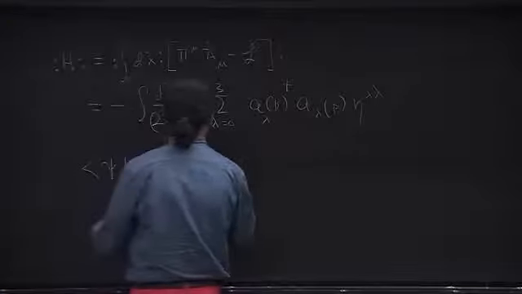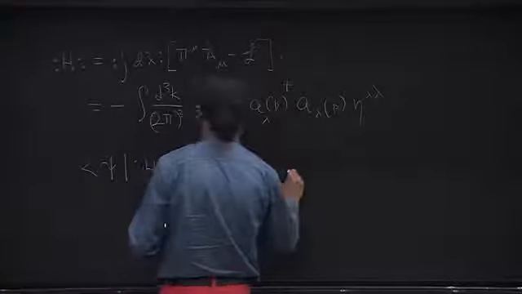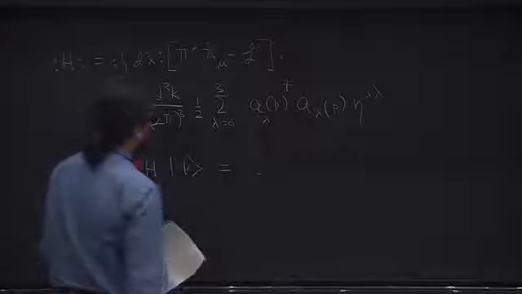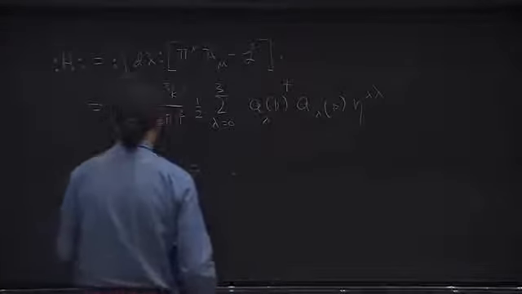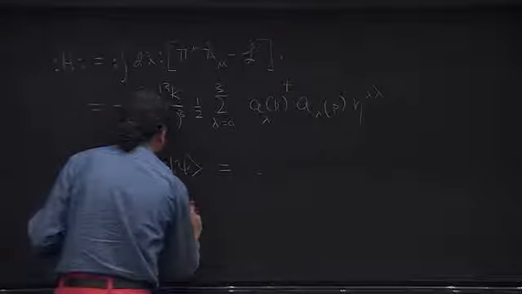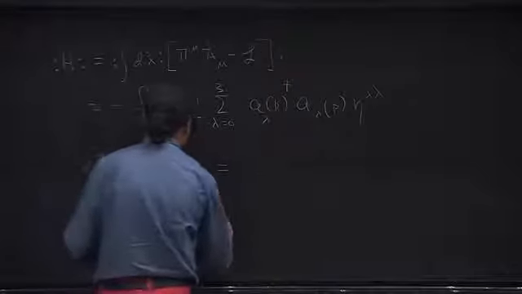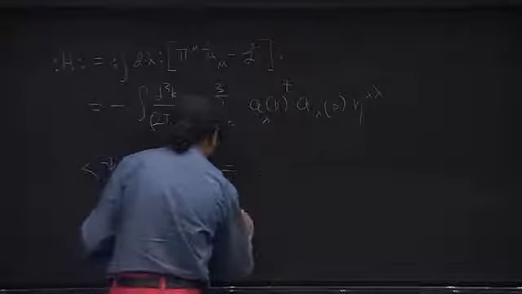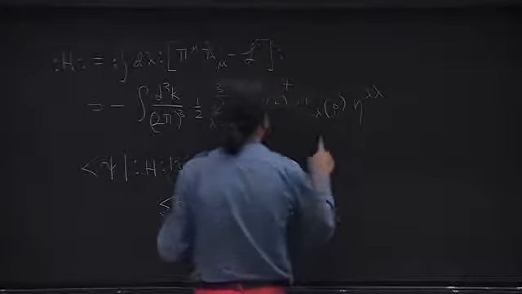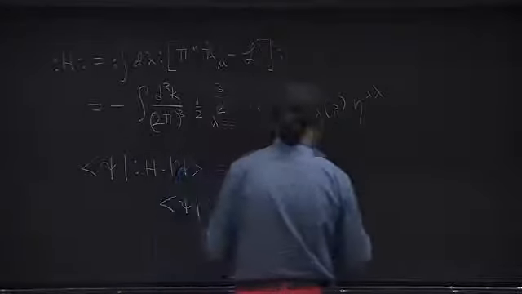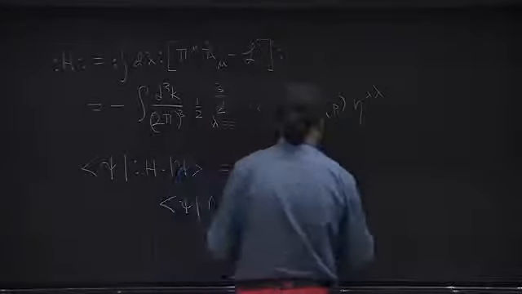then if you look at the contribution from lambda 0 and lambda 3, you will get this, right? A0 dagger of k, A0 of k, minus, because of this guy, A3 dagger of k, A3 of k.